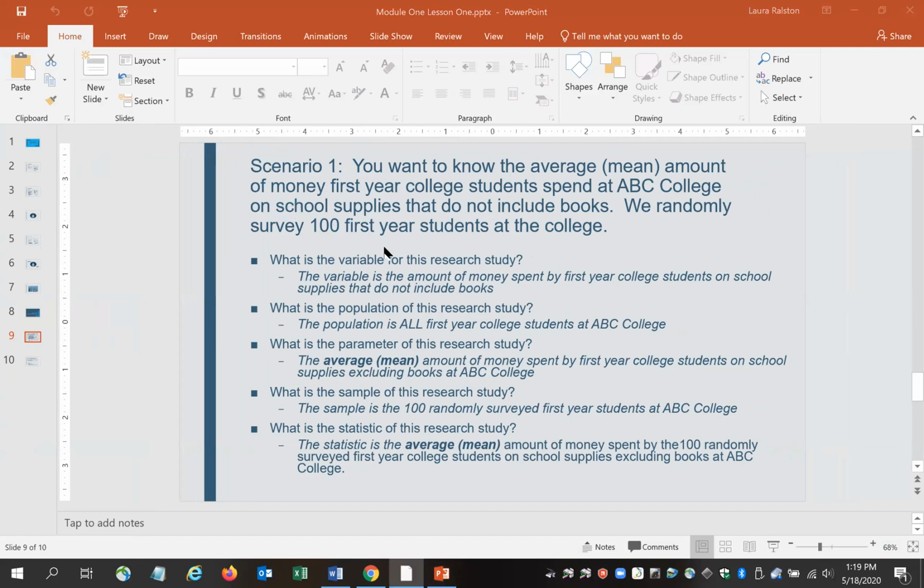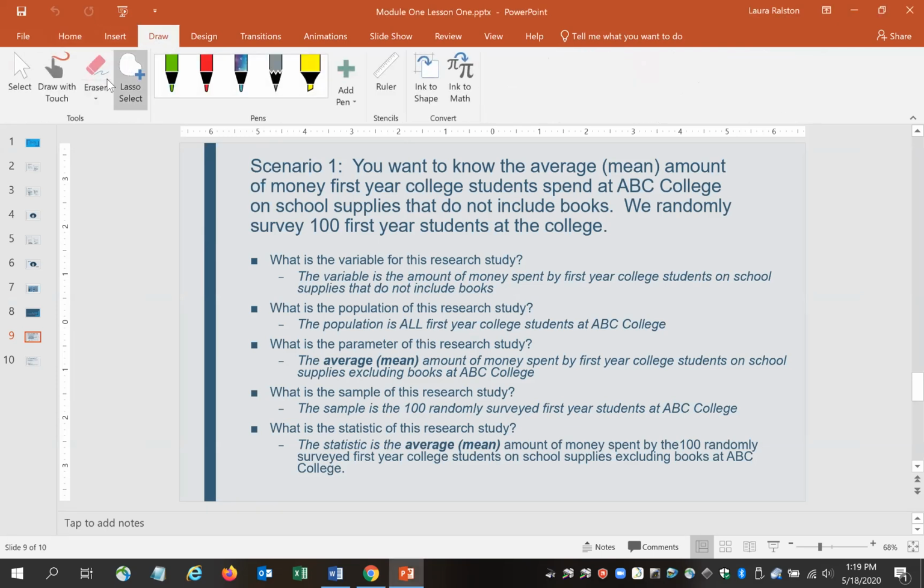Okay, so it says you want to know the average mean amount of money. So guys, look at the words. Pay attention to the words, because they're going to help you. For example, look at this. It says you want to know. Remember the variable is what you want to know about.